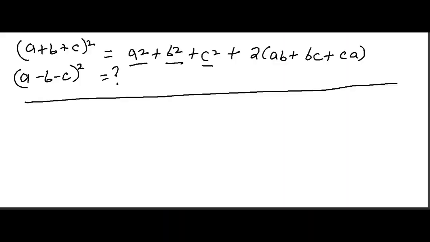And the last one is a plus b plus c whole square, which is equal to a square plus b square plus c square plus 2 into ab plus bc plus ca. Similarly, you can work out a minus b minus c whole square. So this is all we need to know in expansion.